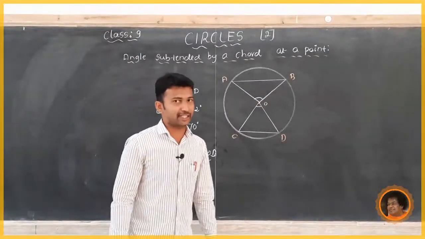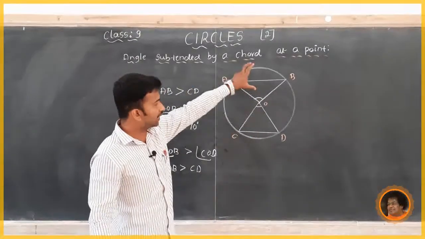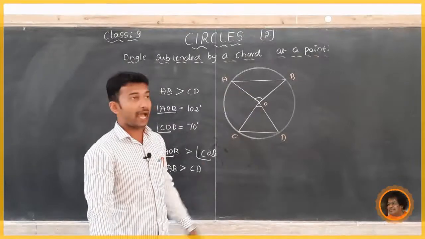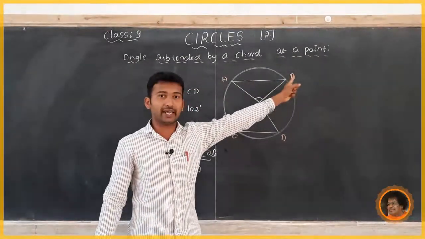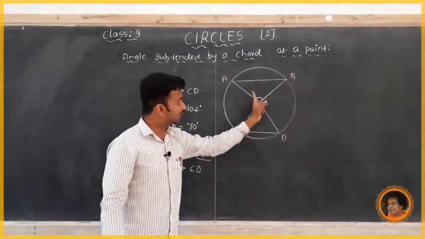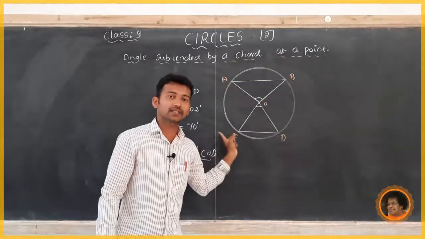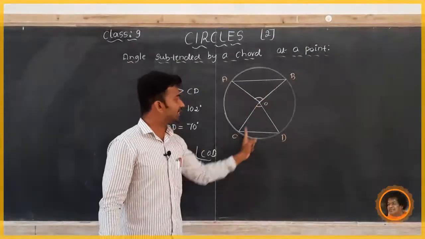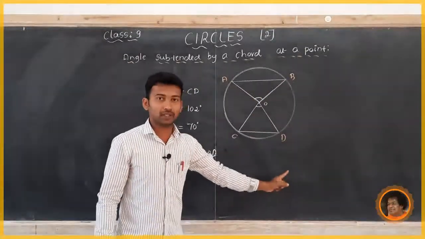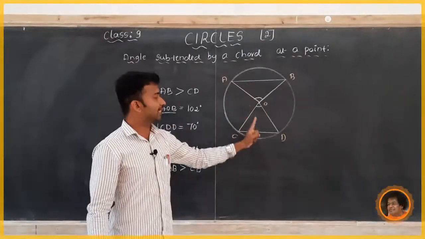So this is the statement. What is the relation between angle AOB and COD? Angle AOB is subtended by the longer chord AB. Angle COD is subtended by the smaller chord CD. Angle AOB is greater than COD because AB is greater than CD.